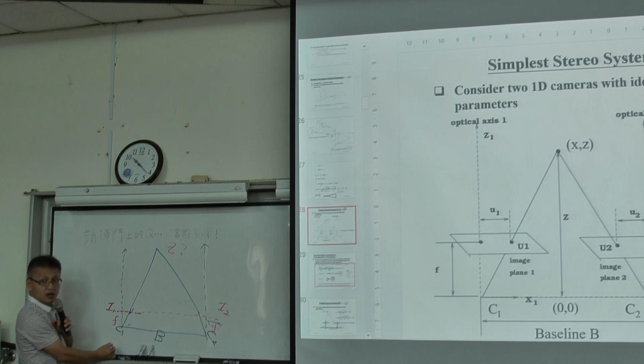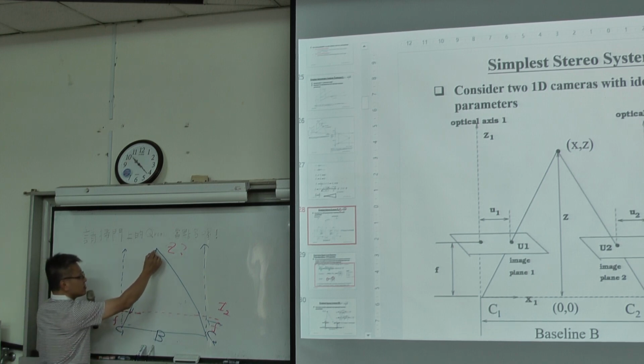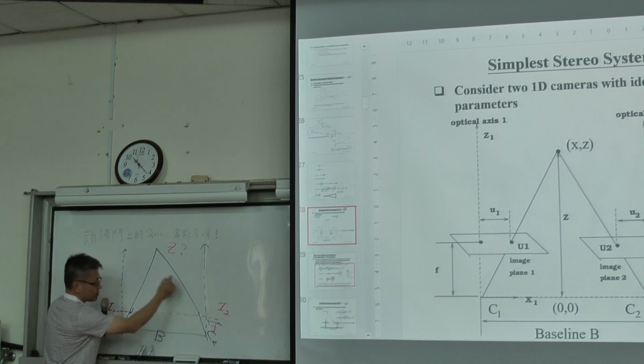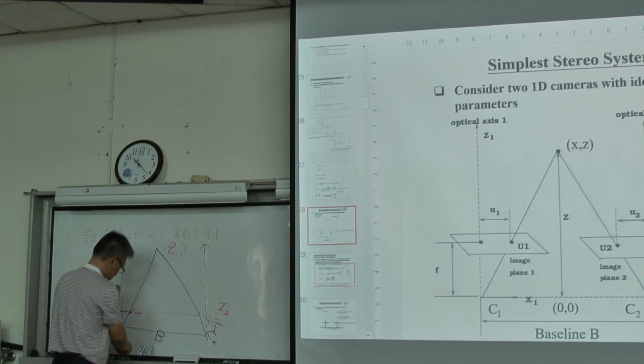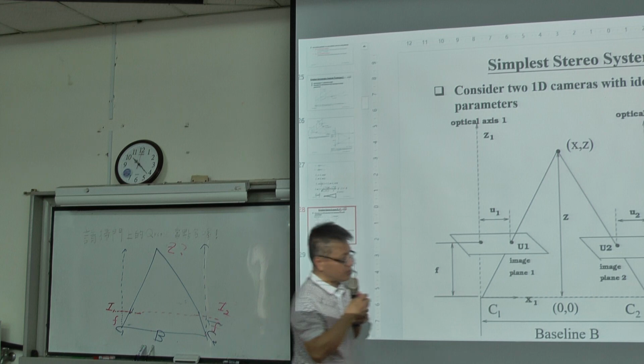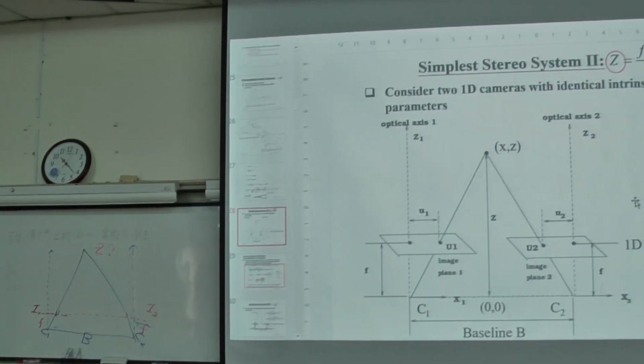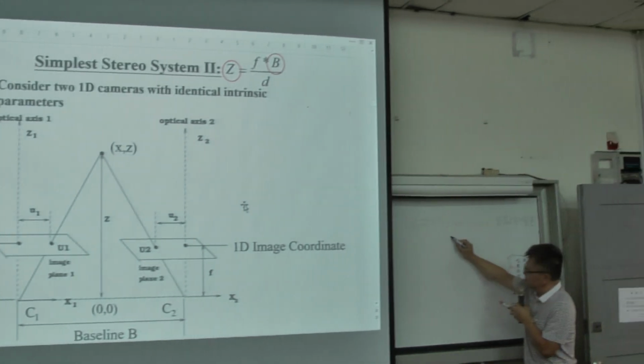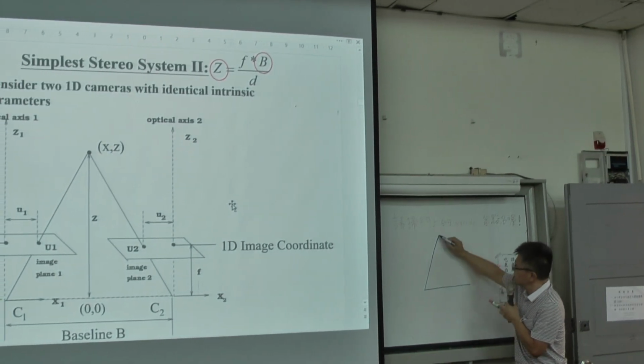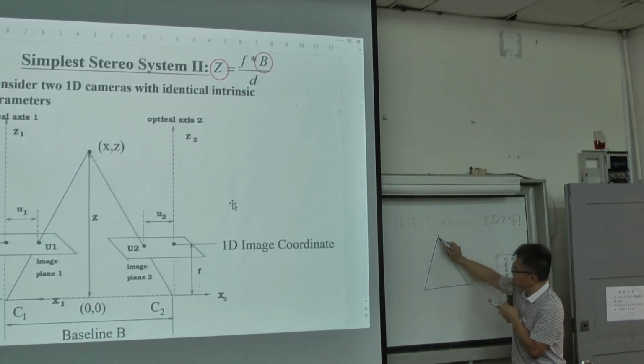So our similarity measure is this triangle compared with the bigger one.